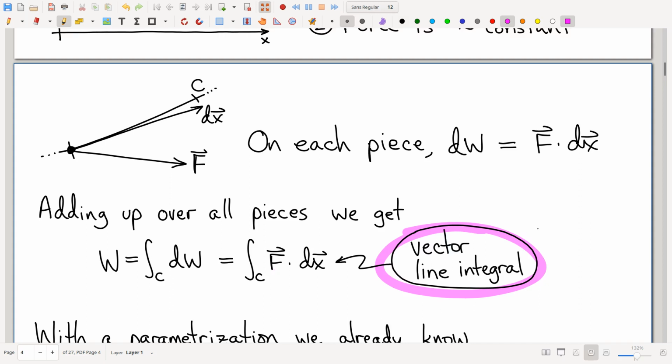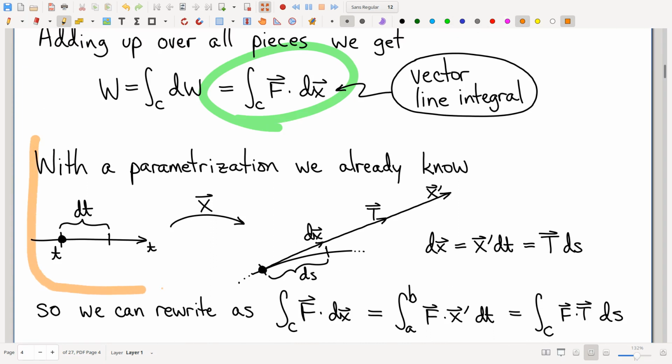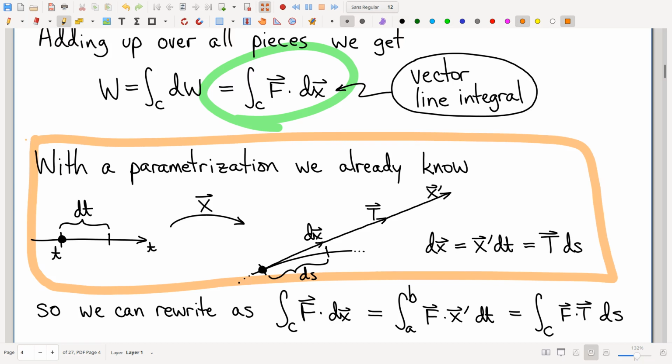All right, so how to compute. Good news, we already know the answer, basically. This expression right here, this vector line integral, the participants in the story, you might call it, are these players right here that we already understand. We've written down these equations and these pictures, modeling various aspects of how you parameterize a curve back in chapter 3. This is all old. Everything in orange here, old news. Right? So you can flip back to the very start of section 3.2 and remind yourself of where these equations come from.